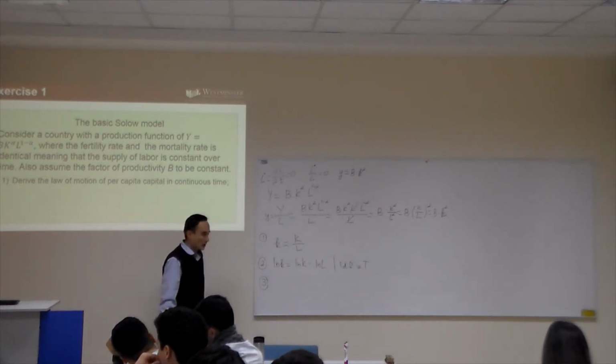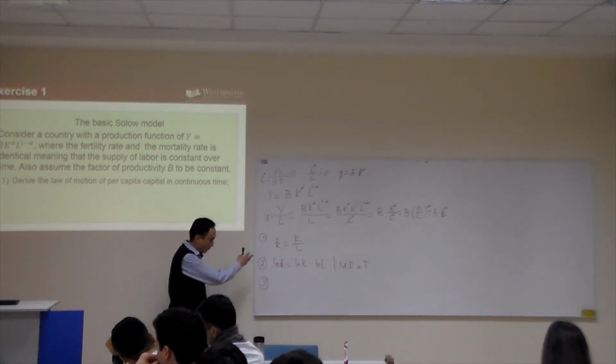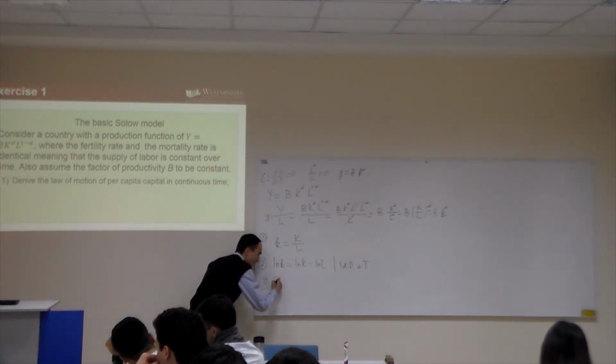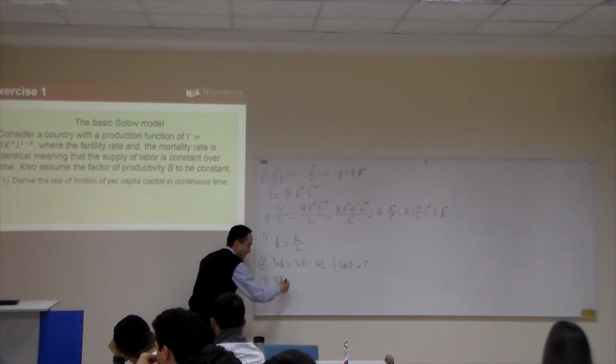So now, if you take the first difference with respect to time, you know what it is. The change in per capita capital with respect to time: what is the first difference of the log of k? It is 1 over per capita k.